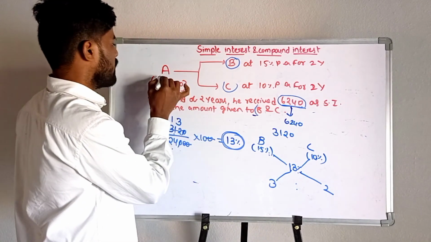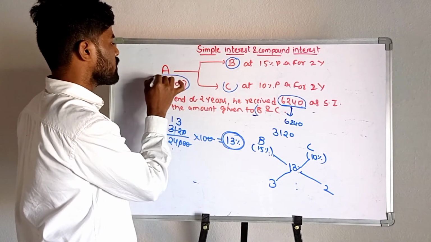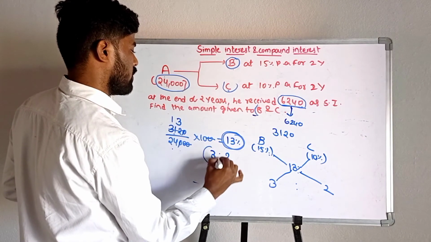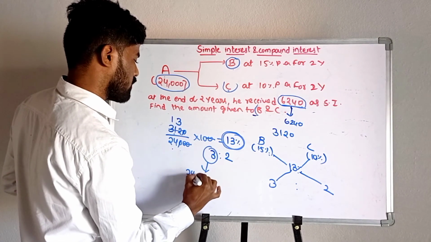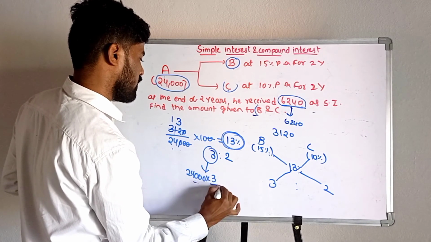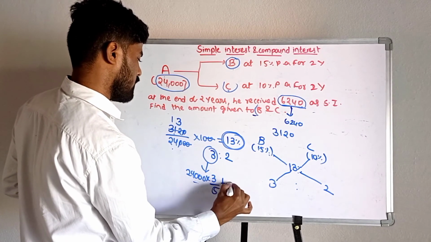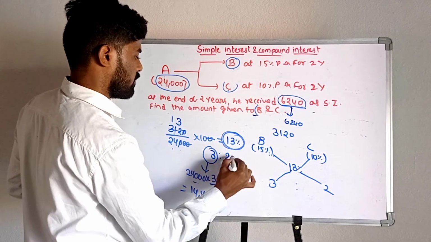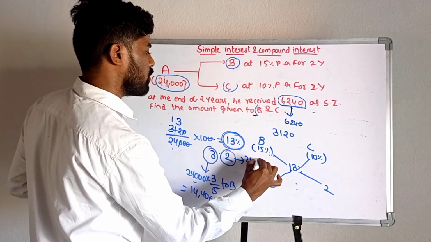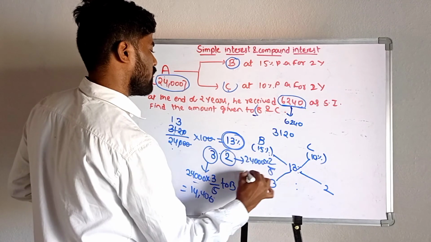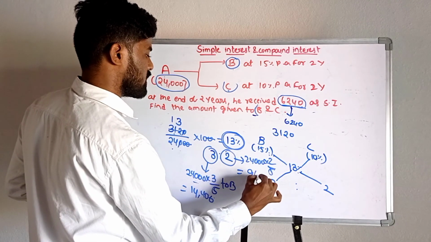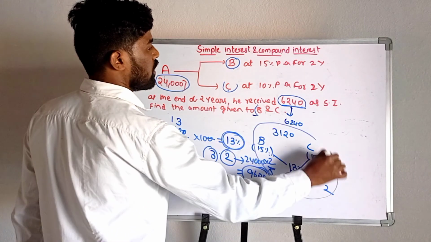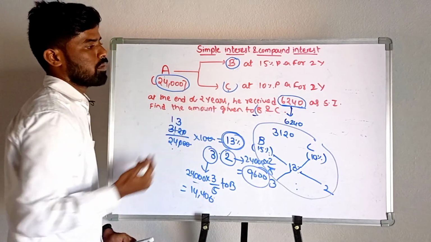That is, A gave an amount of 24,000 to B and C in the ratio of 3:2. 24,000 into 3 by 5 to B, that will become 14,400. For calculating C, 24,000 into 2 by 5, which is 9,600. We can use this alligation rule for solving this type of problems.